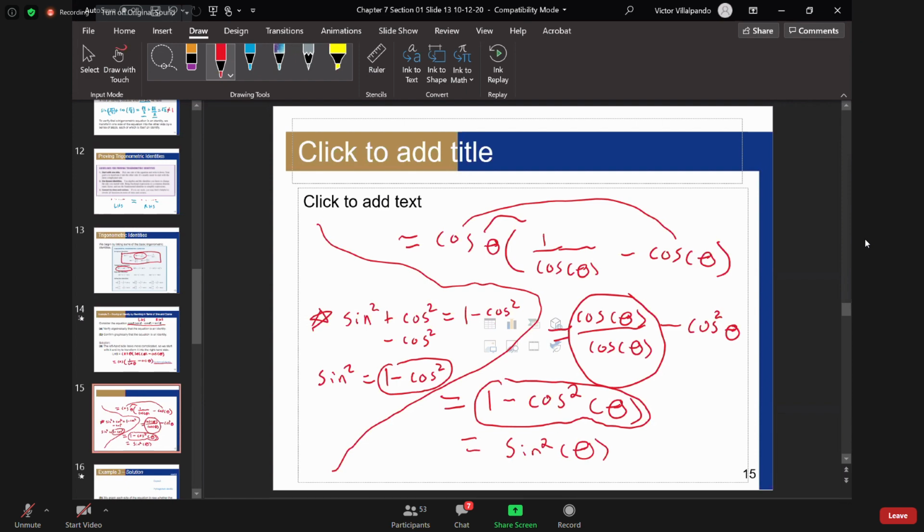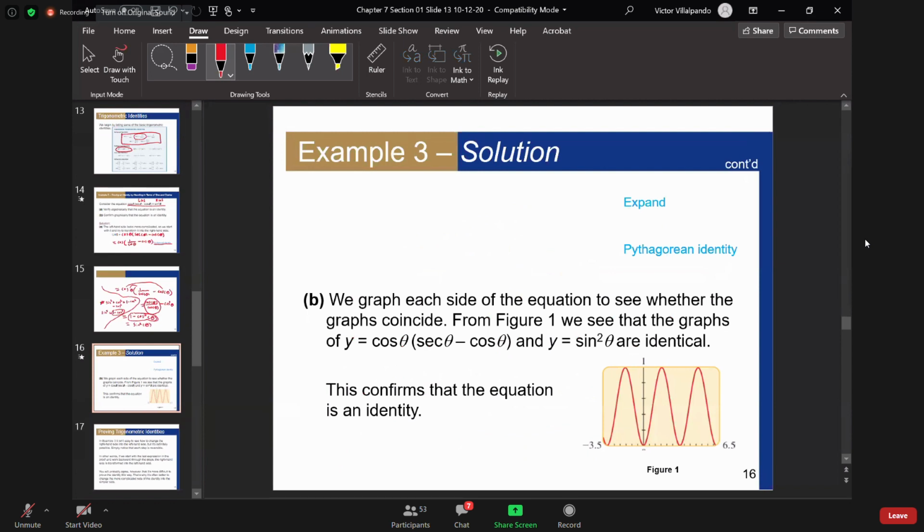So again, we ended up with 1 minus cosine squared of theta. But remember, we have Pythagoras' identity. We expanded and we got 1 minus cosine squared. And then the Pythagorean identity allows us to rewrite 1 minus cosine squared as simply equal to sine squared of theta, which ultimately is the right hand side.